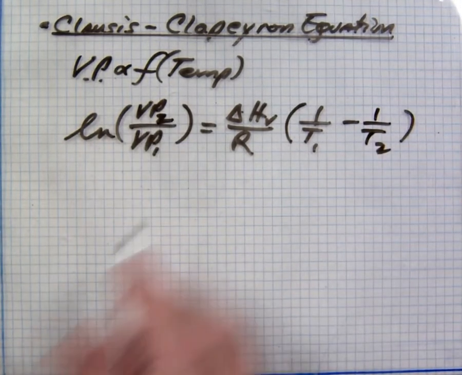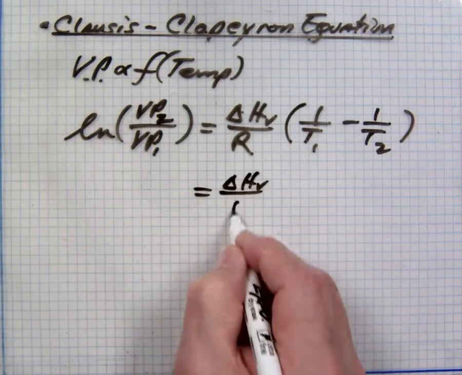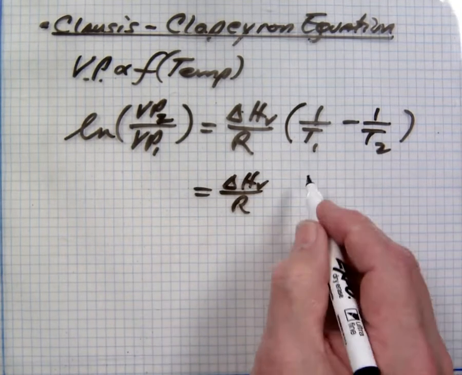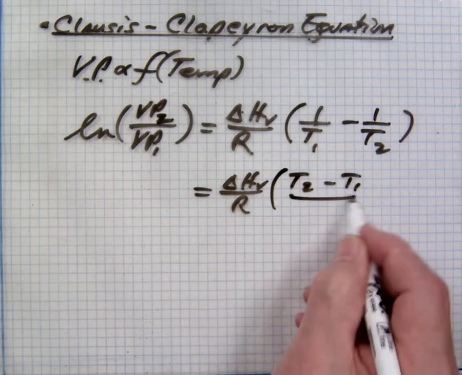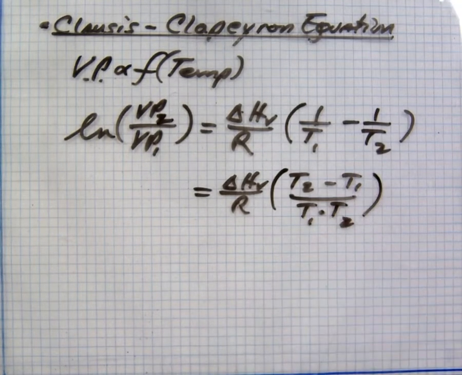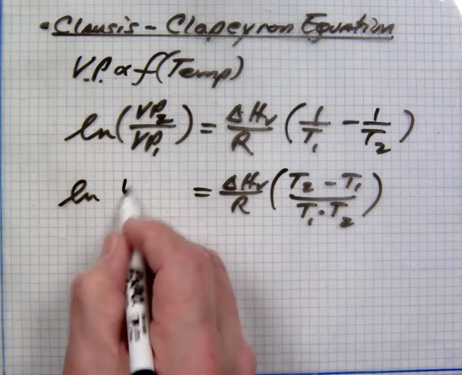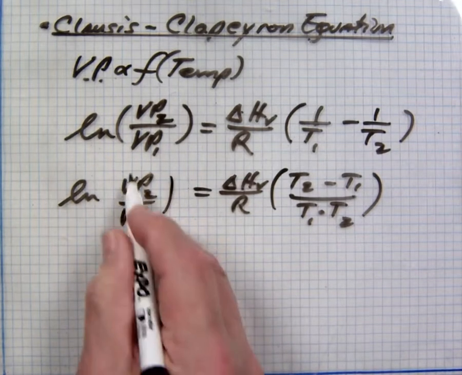Now I like to express this equation in the following way. It's easier to work with by taking a common denominator, and it turns into T2 minus T1 over T1 times T2. It's just multiplying the two temperatures together to get the common denominator. In my opinion, it's a little bit easier.